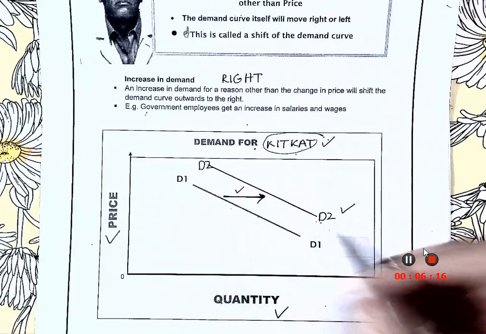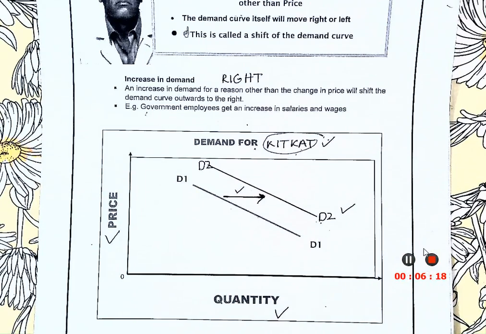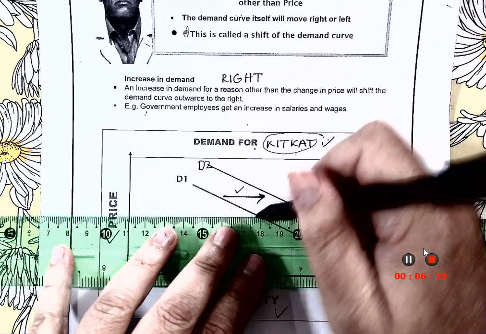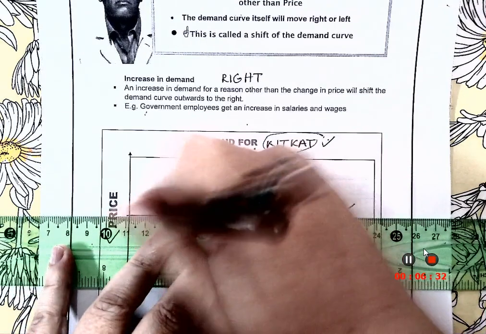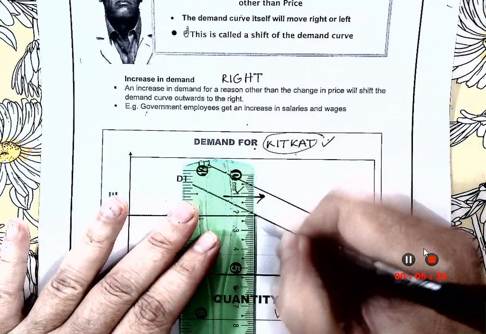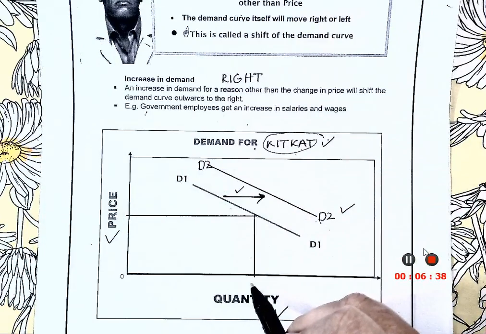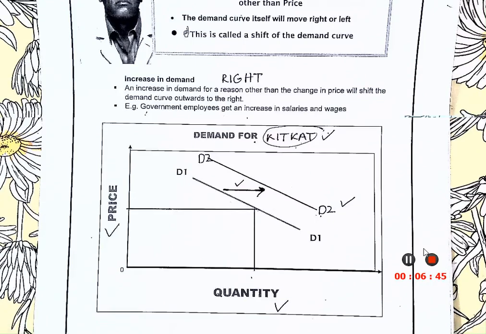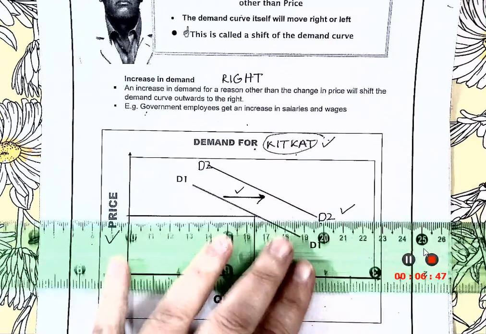Can I quickly show you something? This is what makes economics so interesting. Look at this. Let's say this is the price, and this is the quantity demanded. The price stays the same.